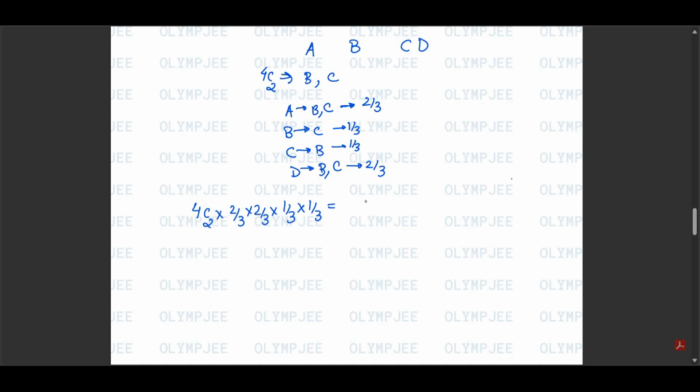So 4C2, let us calculate. So this will be 6. So 6 multiplied by 4 by 9 multiplied by 1 by 9. So this will be equal to 24 by 81.